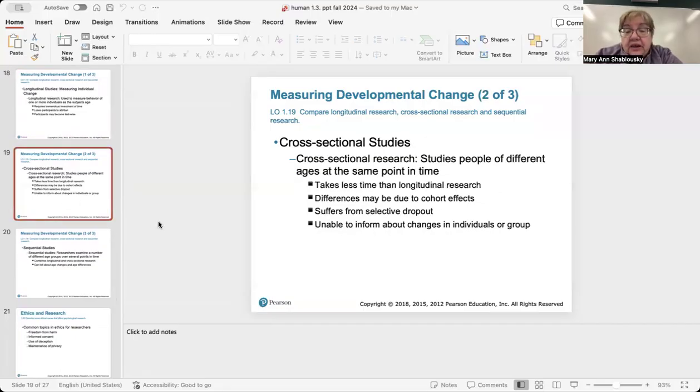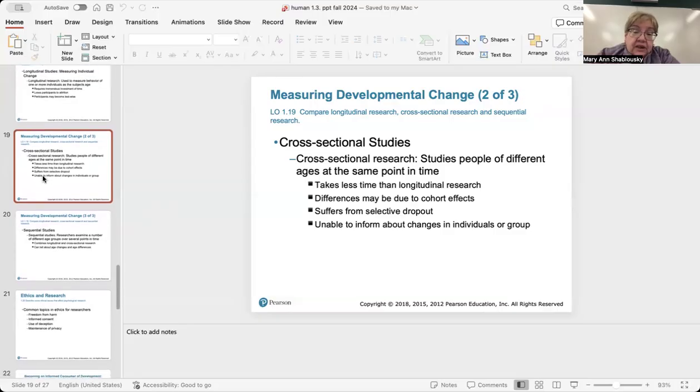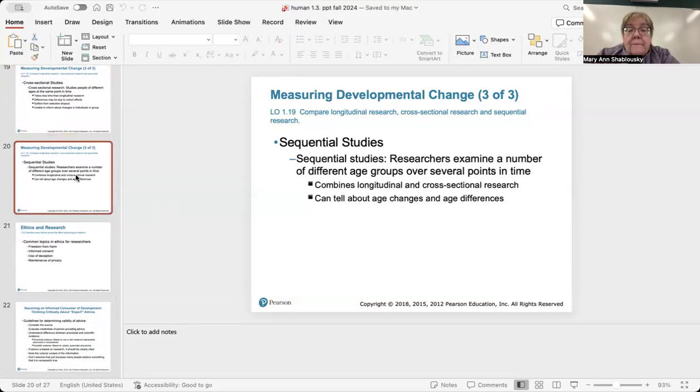Cross-sectional studies are when we're looking at people at different ages at a particular point in time. So, 30-year-olds, 40-year-olds, 50-year-olds, all in 2026. Again, a lot of people may drop out due to just the particular age group, the different places that you might be using, but it's a different way of doing research that might be more beneficial than longitudinal research.